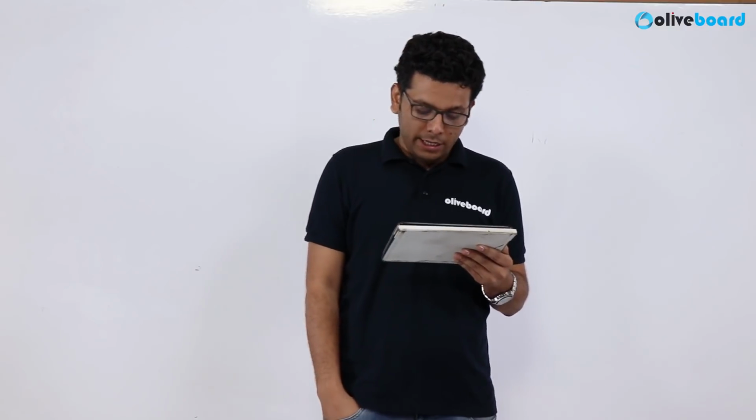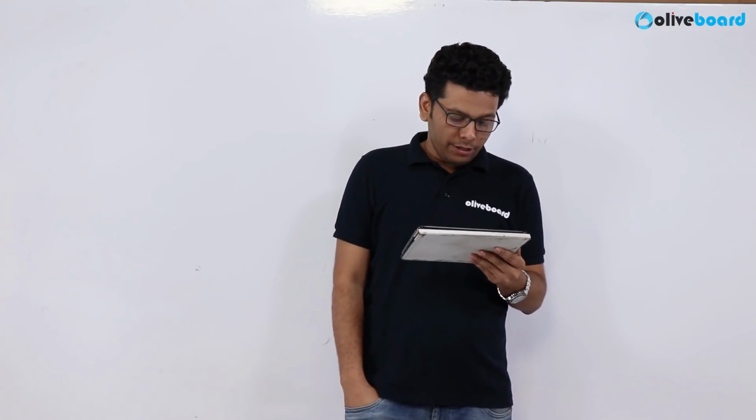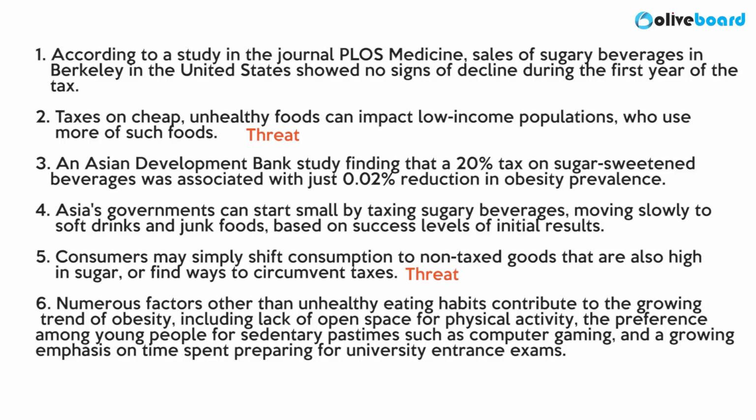If you had the attention earlier, in the first statement they said that there was no improvement in the city of Berkeley in the United States, so whether it happens here or not is not necessary. So the first option is something that is not supporting, and the second was a threat, so it would not be opposing.